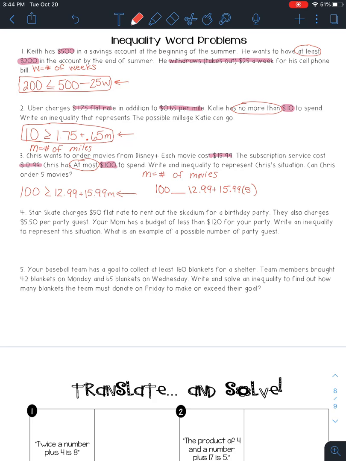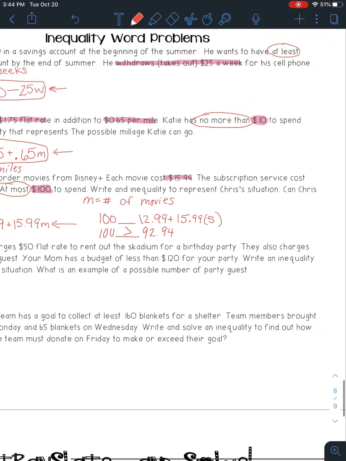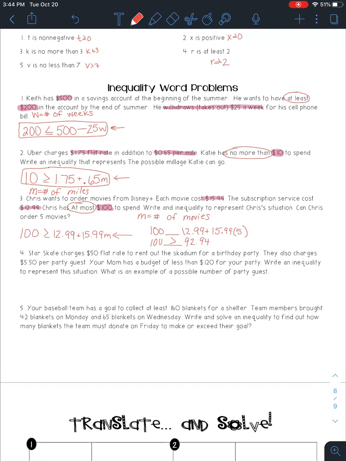So $12.99 plus $15.99 times 5 gives me a grand total of $92.94. So because that amount is less than his $100, he can buy 5 movies.